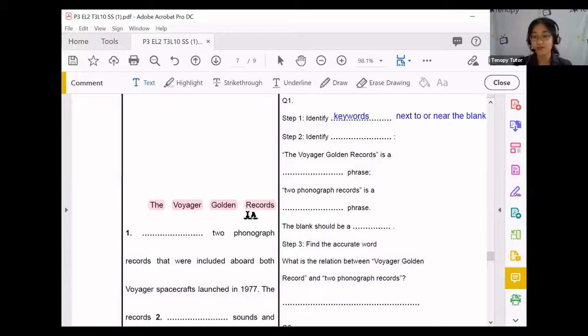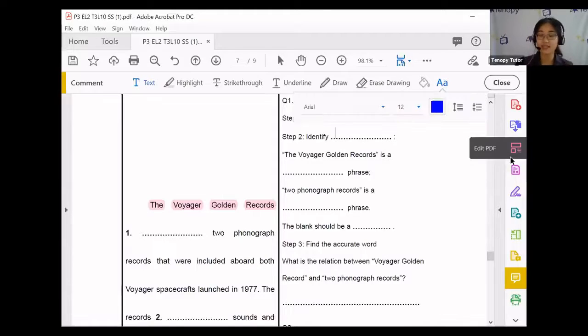Here comes the next step. We all know, I hope you do, that the Voyager golden records is a thing. So what kind of word do you think records is? That's the second part of answering the question.